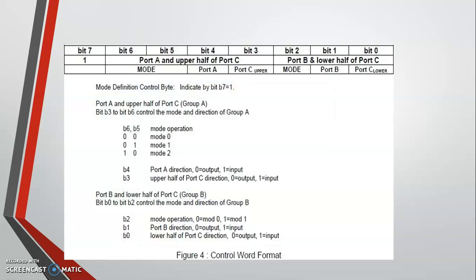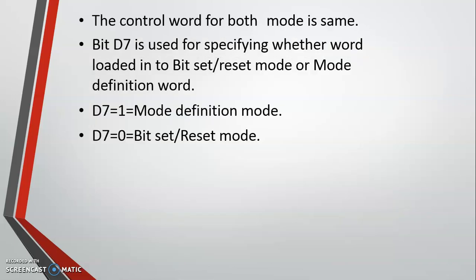This slide gives the detailed information regarding the input-output mode of 8255 and the control word format. The last bit is the D7 bit. It is useful for specifying whether the word loaded is in the bit set reset mode or the mode definition word. When bit D7 is 1, it is the mode definition mode, and when D7 is 0, it is the bit set reset mode.